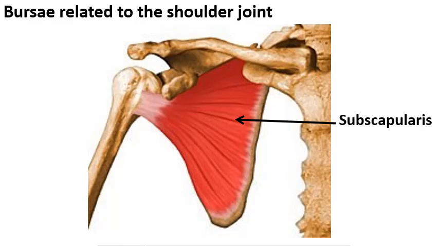As the tendon of the subscapularis muscle passes in front of the shoulder joint, there is a sac of serous membrane, just like a pillow, which is present between this tendon and the capsule of the shoulder joint, so as to protect this tendon from wear and tear. This bursa is called the subscapular bursa.